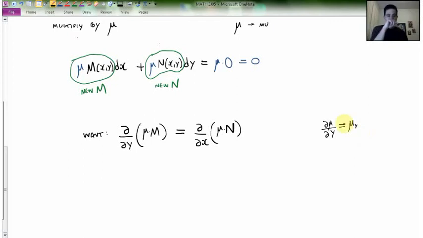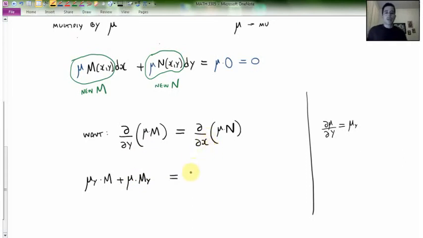So this means the derivative of mu with respect to y. So this would be mu y times M plus mu times M y. That's this side. And then here we're taking the derivative with respect to x. So this is mu x times N plus mu times N x.